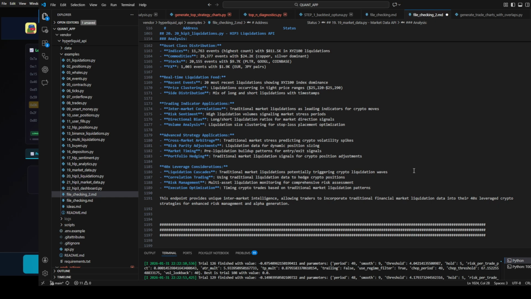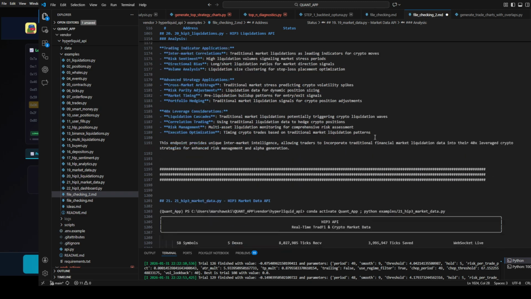Execution optimization, timing crypto trades based on traditional market liquidation patterns. This endpoint presents unique intermarket intelligence, allowing traders to incorporate traditional financial market liquidation data into their 40x leveraged crypto strategies for enhanced risk management and alpha generation.